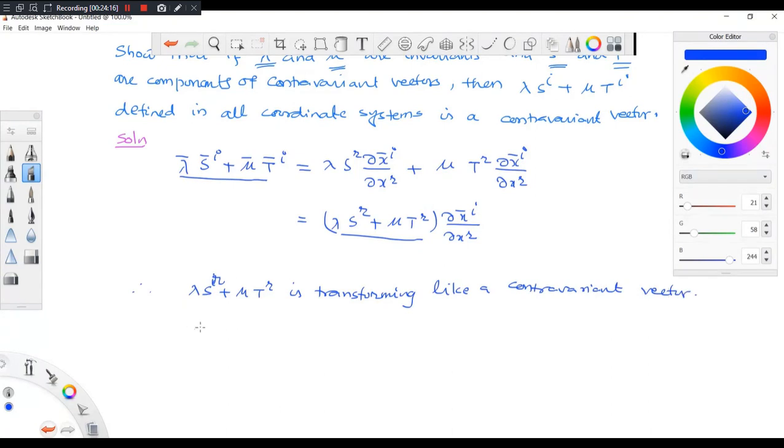Okay, therefore it's a contravariant. These components are contravariant components. That's the meaning.